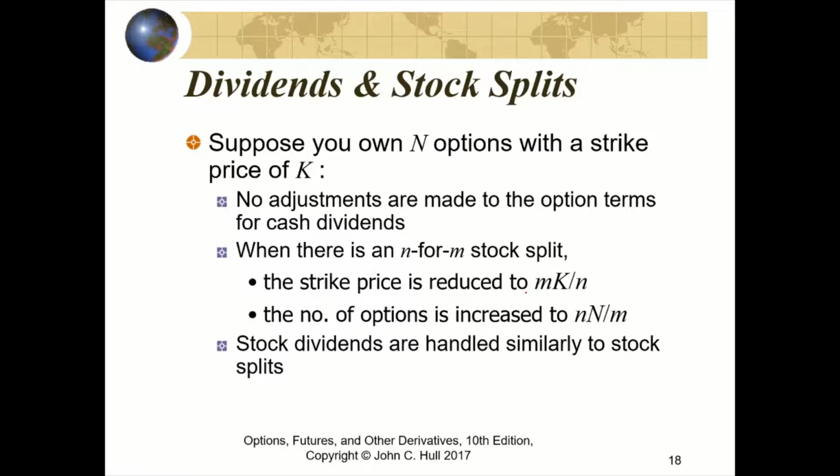Now, if we are facing an N for M stock split, so every holder of M stocks will receive N stocks, then we have to change the strike price to be M times K divided by N, and we have to change the number of options to be N times the number of options divided by M. Stock dividends are also handled similarly to the stock split.